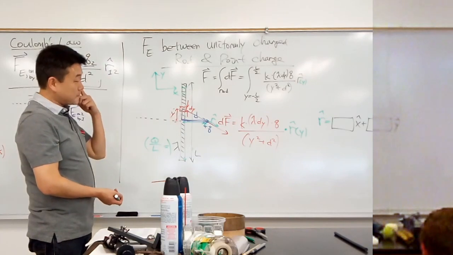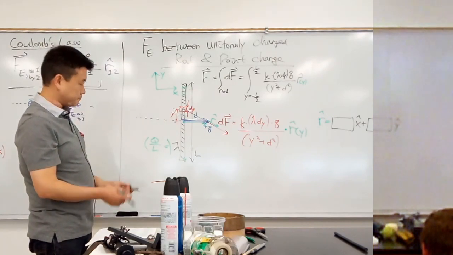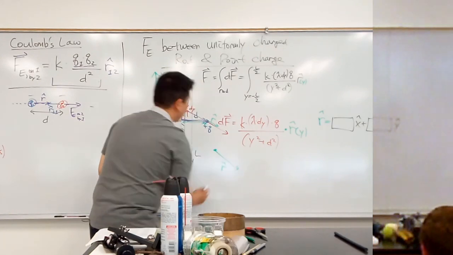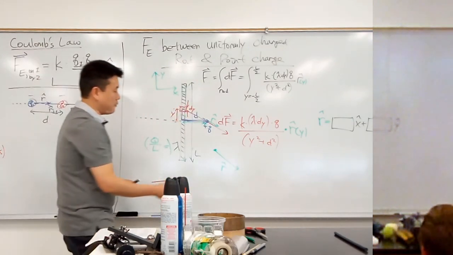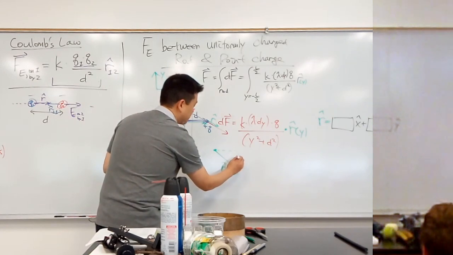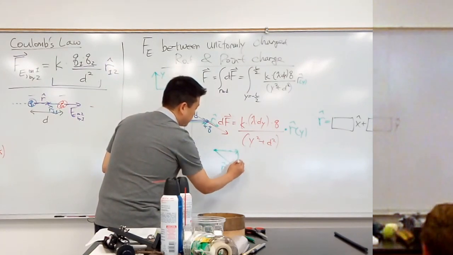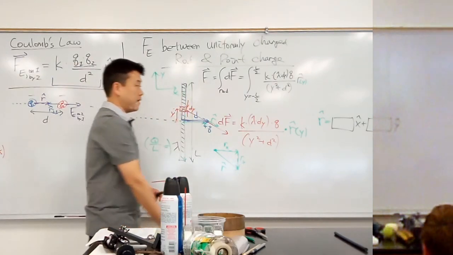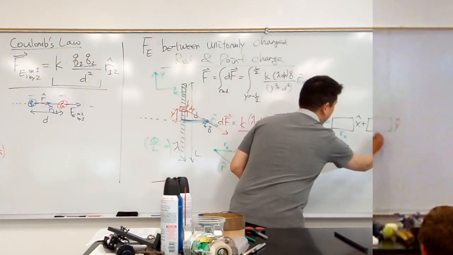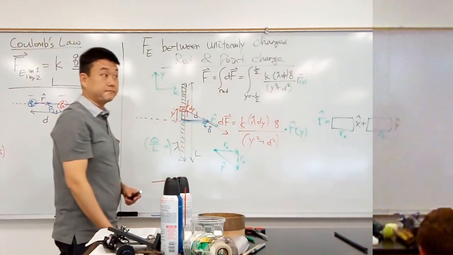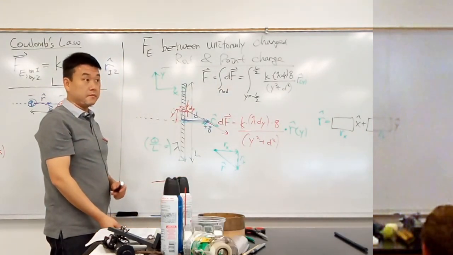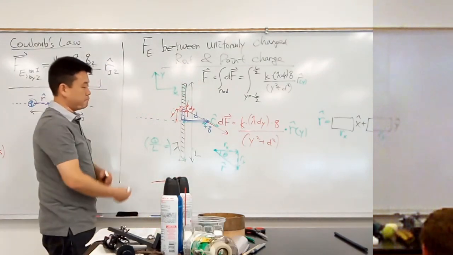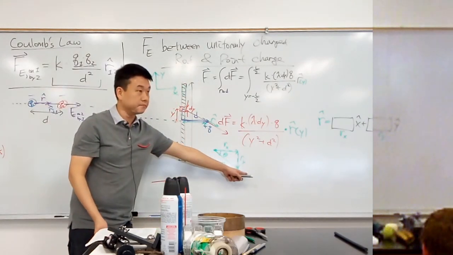I'm just going to stare at this for a while. So, I'm looking at this here. Let me draw it a little bit bigger so I can think a little bit better. I want to express this as something like this vector here, and this will be my x and y component, right? And these are really x and y component, right? So if I knew this angle somehow, then I could express this.